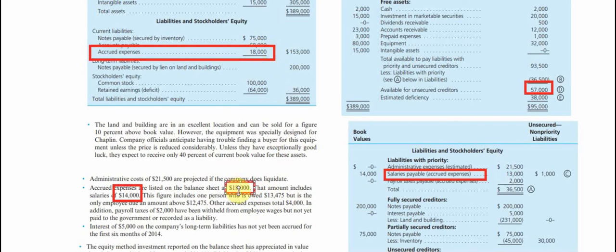Because of the 18,000 in here, we have 14,000 that's about salary payable. That's why they put the accrual expense of 18,000. You see that connection in here, but we still owe about 1,000 because we just use this number minus this number. We got about 1,000, so that we have 13,000 left to pay.